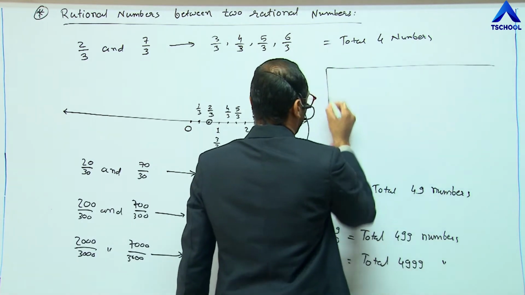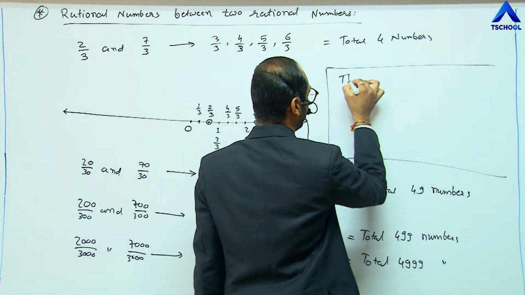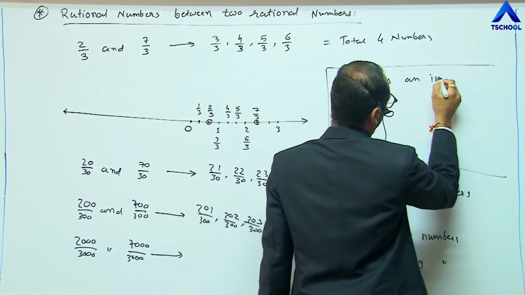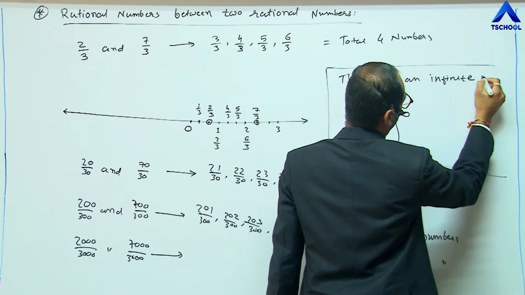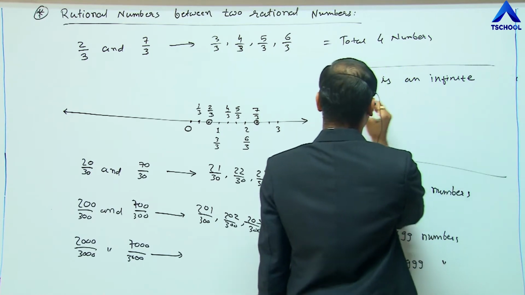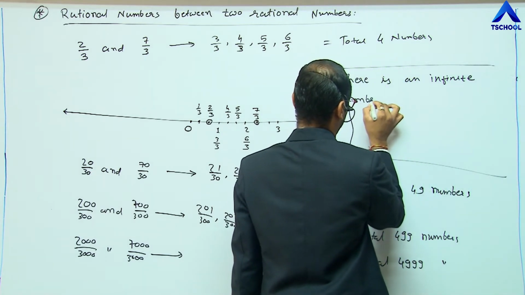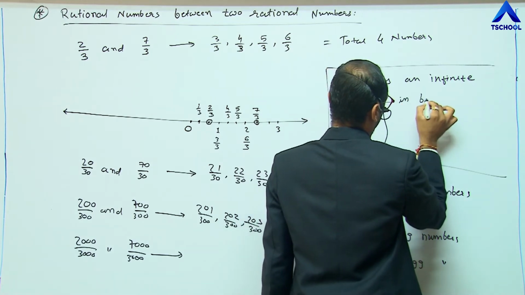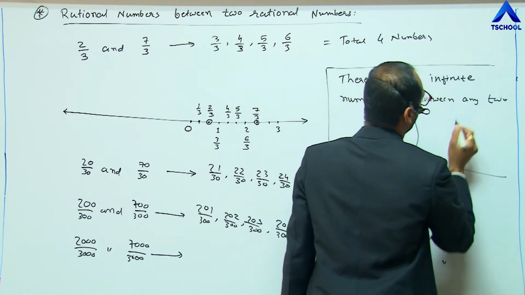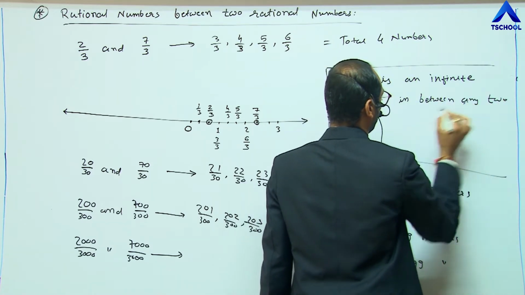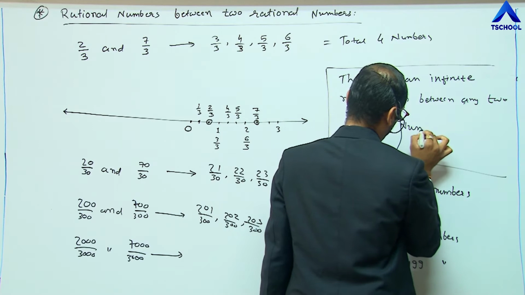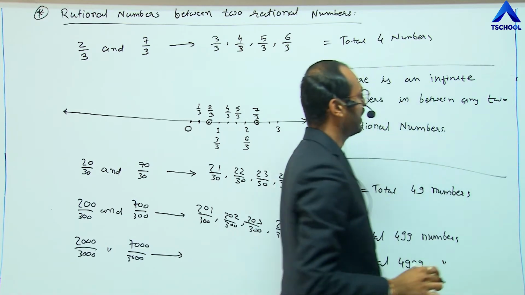So write this conclusion: there are infinite numbers in between any two rational numbers.